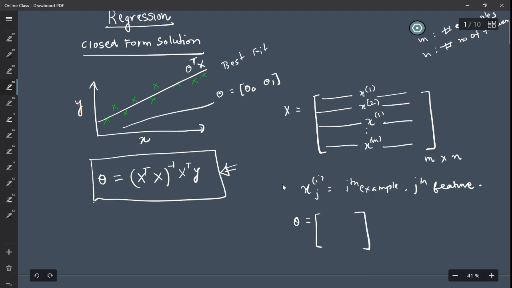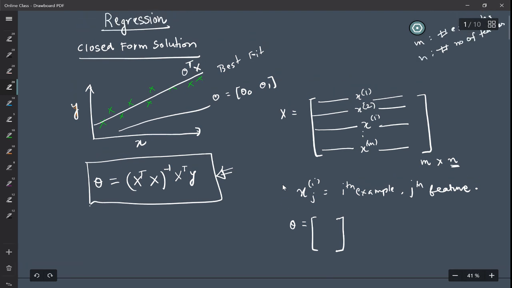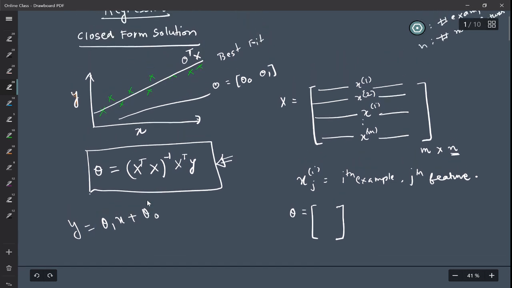Theta would have n cross 1 dimension. If you have n features, then you will have n plus 1 parameters. In this example you have only one feature x, so you can write y as theta 1 x plus theta naught. So I'm going to introduce one more feature in my x matrix, and let's say this last feature is going to be 1.